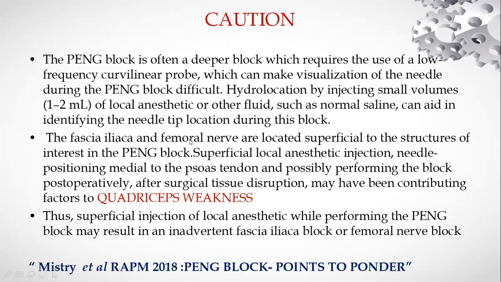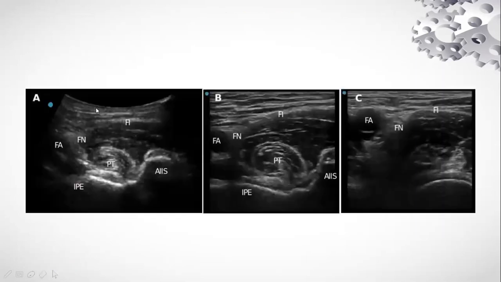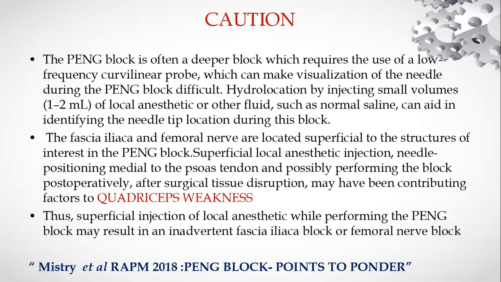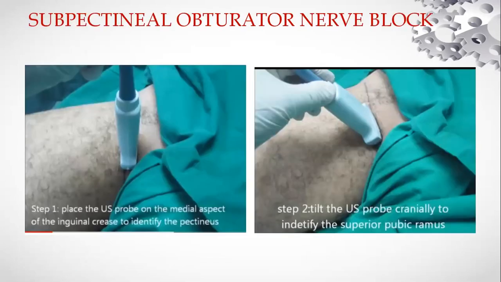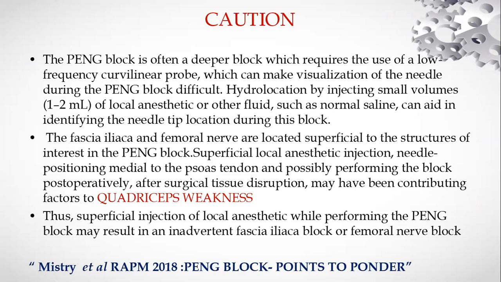Its location is more superficial, and if the injection is deposited more superficially instead of going deeper between the iliopubic eminence and the psoas tendon, then definitely it can cause quadriceps weakness. These were the points that they found. In another study, they found that because of the anatomical relation, there could also be trauma to the pelvic ureter as well. So these are the things that we need to keep in mind.